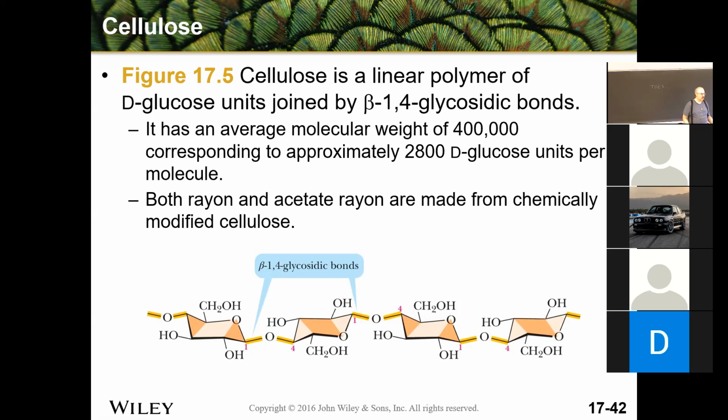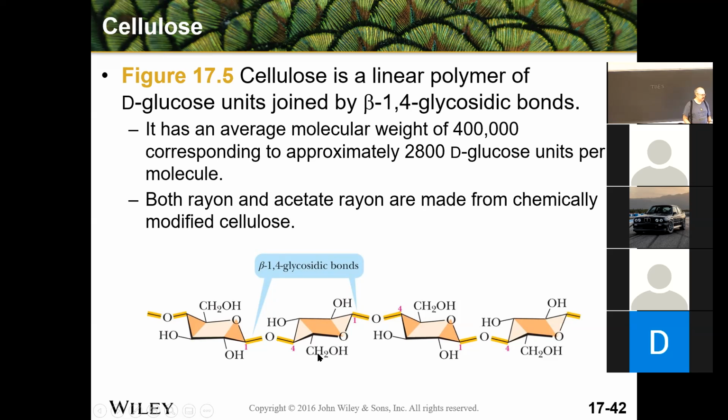Okay, there are some organisms that can digest cellulose. The ruminant animals, cows, sheep, camels, and horses. They're able to do that because of a symbiotic relationship with a microorganism that lives in their gut.